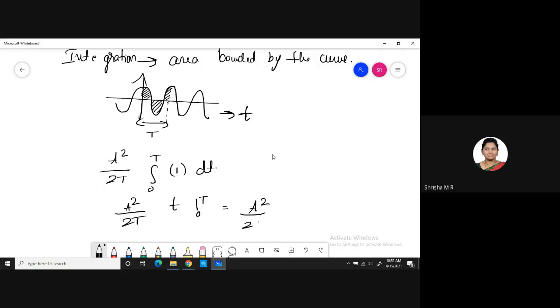A square by 2T into T minus 0, which is nothing but A square by 2 watts. This is the power of cosine signal. Got it? Yes, ma'am. Followed? Clear, everyone?